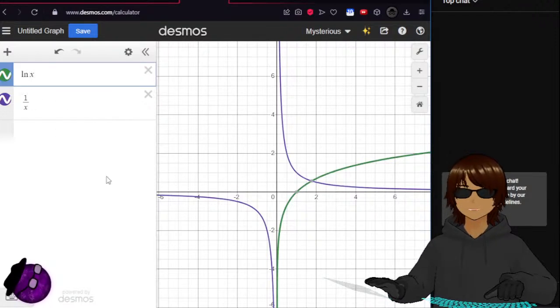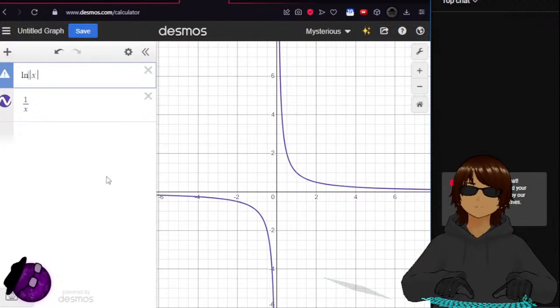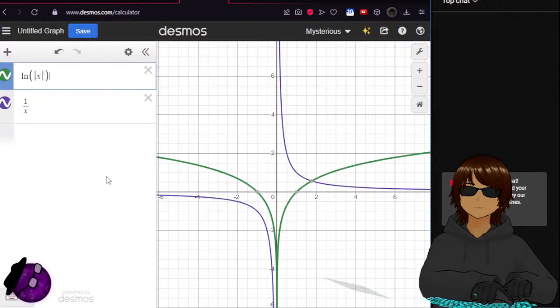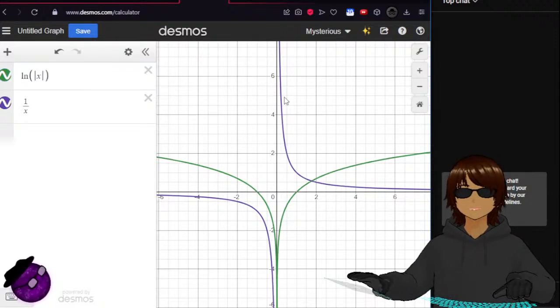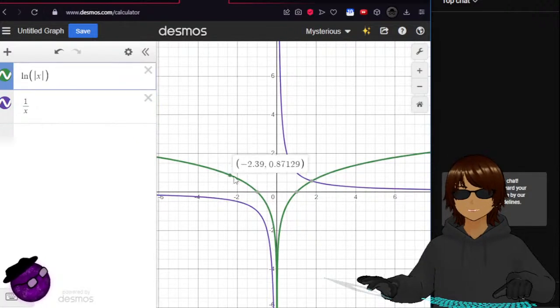So what we do is we expand. When we are finding the antiderivative of 1 over x, if we are doing the reverse, we use this.